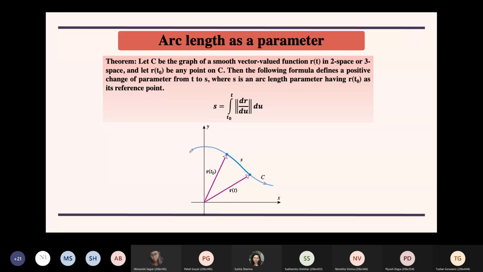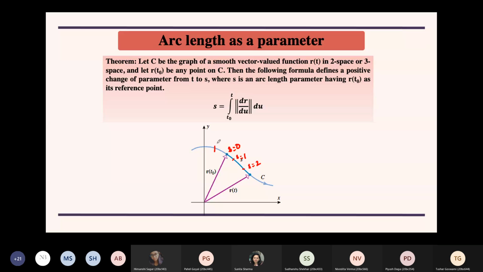If this is my reference point, this point corresponds to s equals 0. Then when I move in the direction of the curve, my values of s are going to increase. For example, s equals 1 here, s equals 2 for this point, and so on. In the other direction, I will get negative values of s.